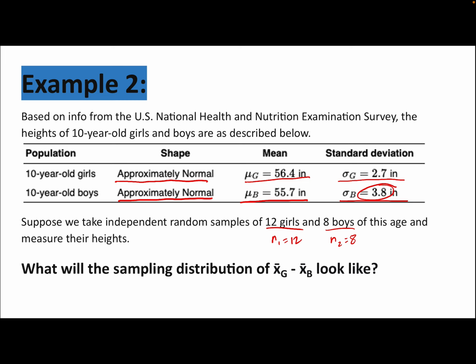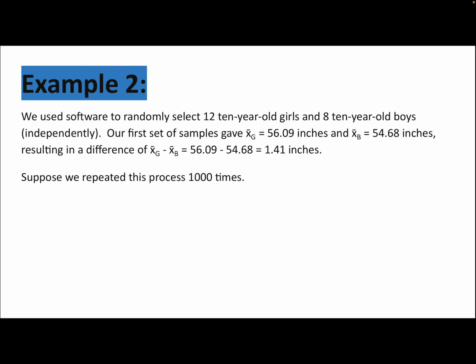So what would this sampling distribution of x bar g minus x bar b, so instead of 1 and 2 we use g and b, look like? Again, we have to imagine if I were to take many random samples. We use software to randomly select 12 10-year-old girls and 8 10-year-old boys independently.